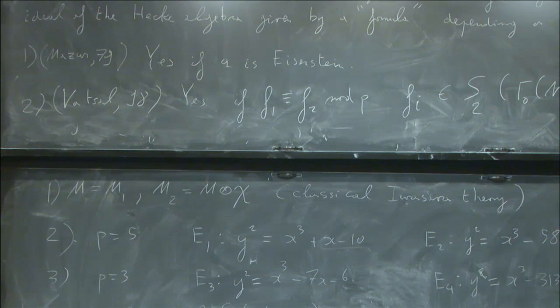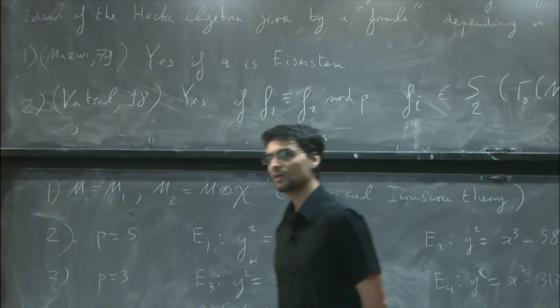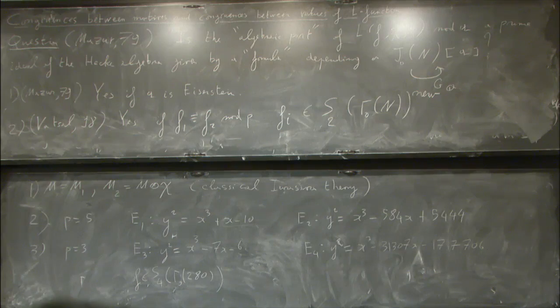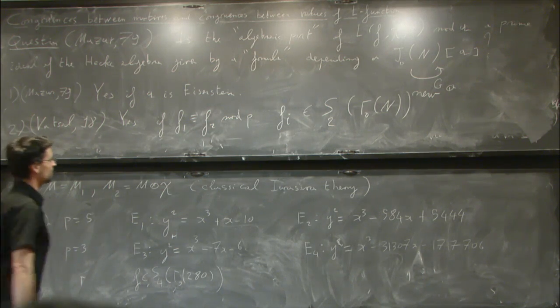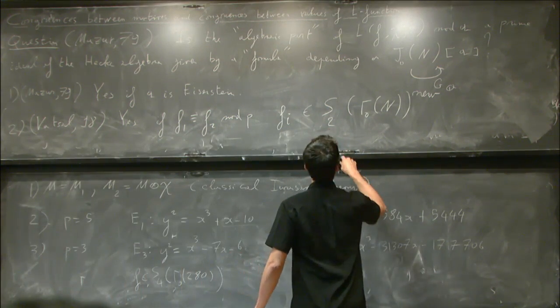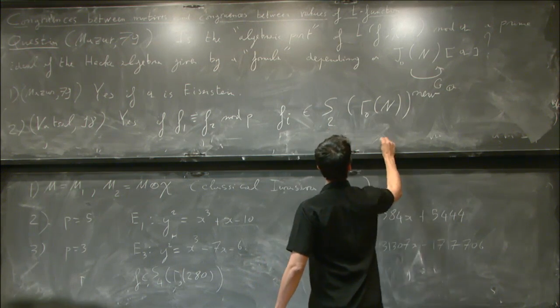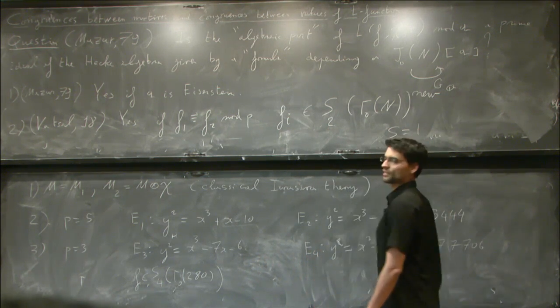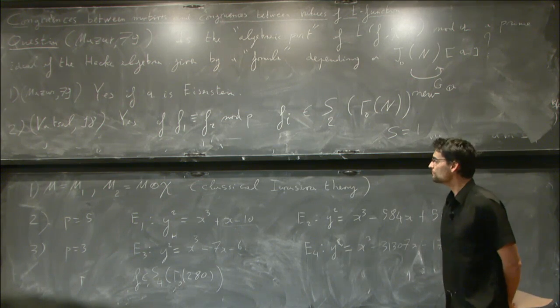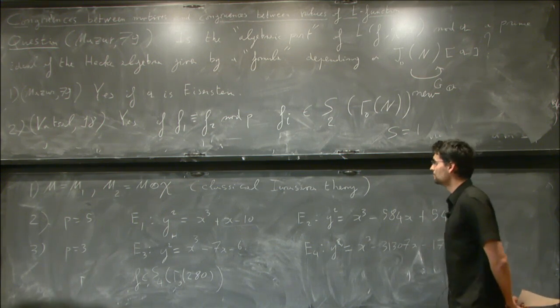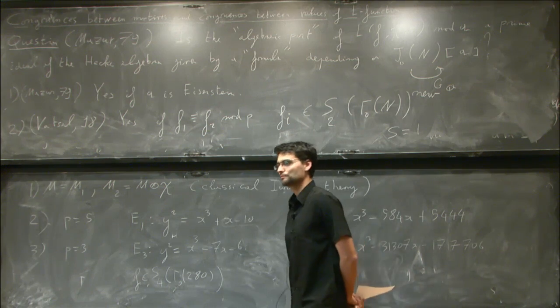So if you have two forms, both of weight 2, both new of level n, and they are congruent, then their special values are congruent in the sense of this question, or in the sense of Mazur's question. Again, s is an integer with some parity. What is s? Okay, of course. So here, because you are in weight 2, you would have to take s equals 1. Yeah, the critical points. But you can twist by any character.